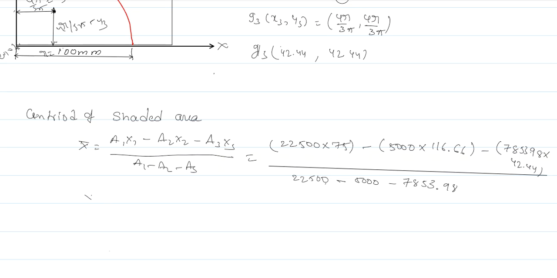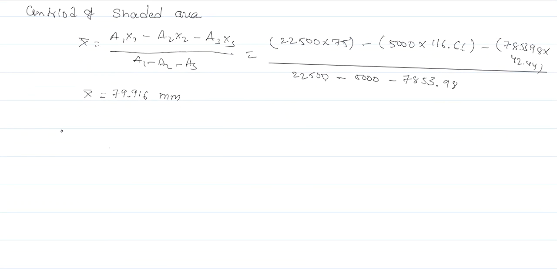So if you substitute all the values and calculate, you will get x bar is equal to 79.916 mm. That is our x bar. Similarly, y bar is equal to, so keep that in a box.